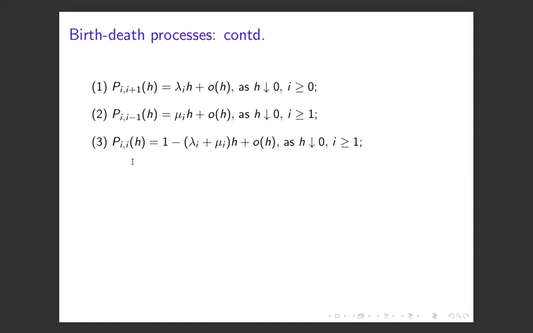This is the third assumption. Next. At the starting point, time 0, Pij is delta Ij.